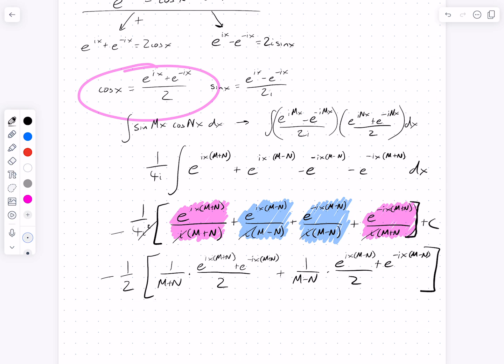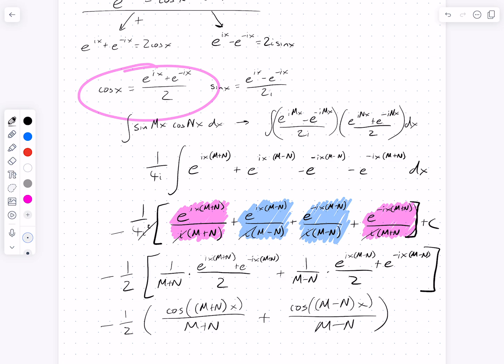Altogether, this is negative 1/2. That is simply a horrific definition of cosine of the quantity m plus n times x over m plus n. And this is a disgusting definition of cosine of m minus n times x all over m minus n.